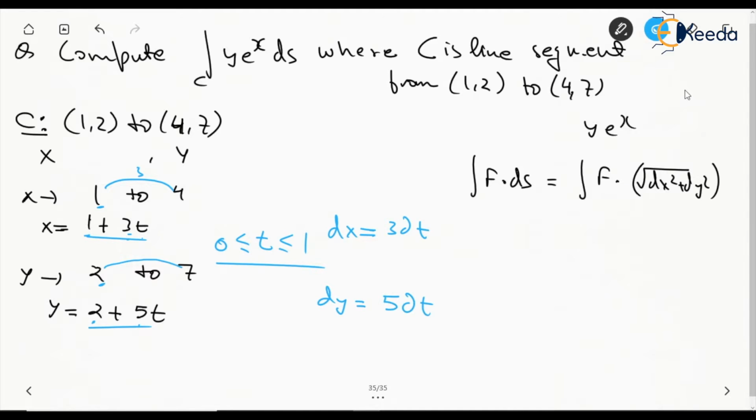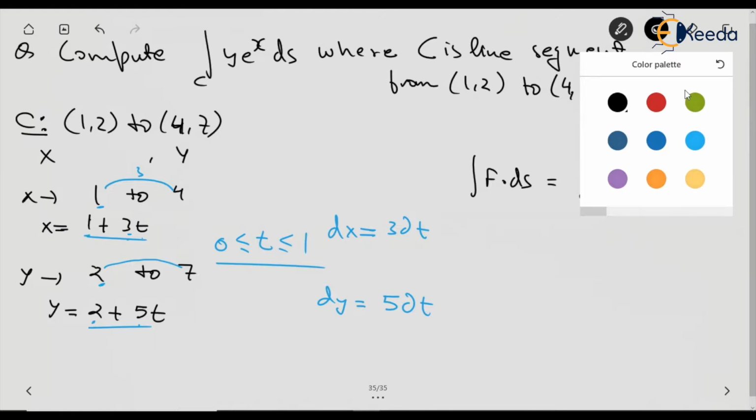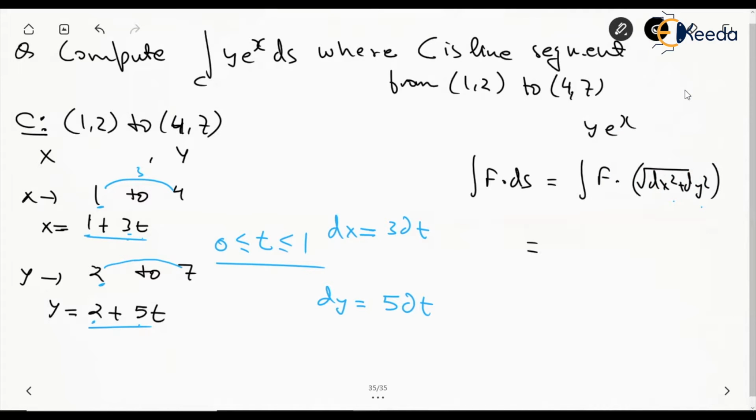So instead of dx square plus dy square we can write it as f into under root of dx square by dt square plus dy square by dt square into dt.